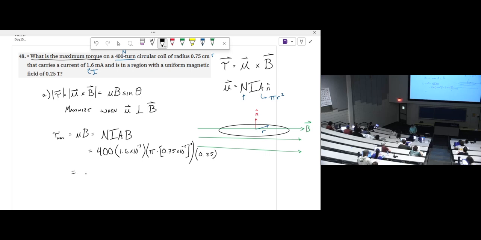And this gives us a maximum torque of 28.3 times 10 to the minus 6 Newton meters.